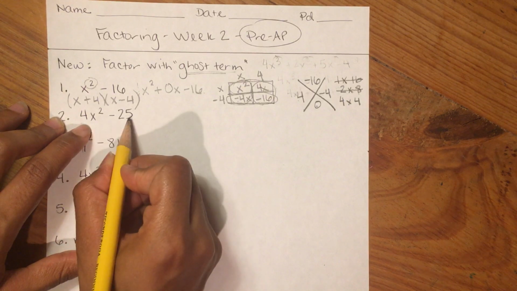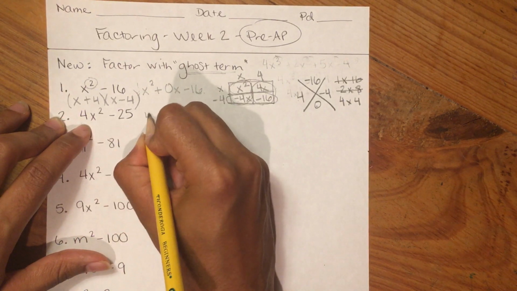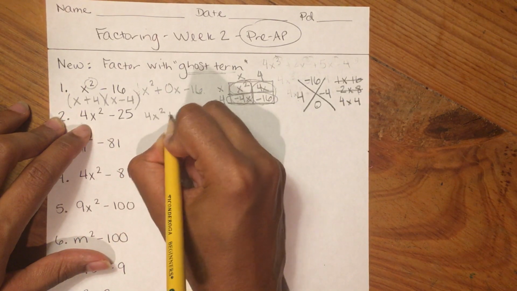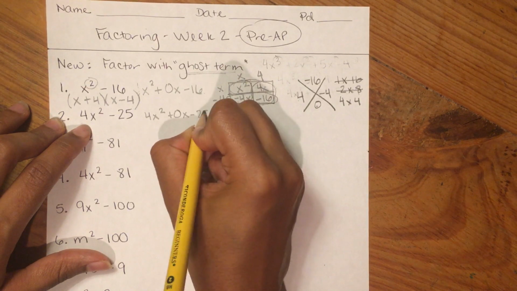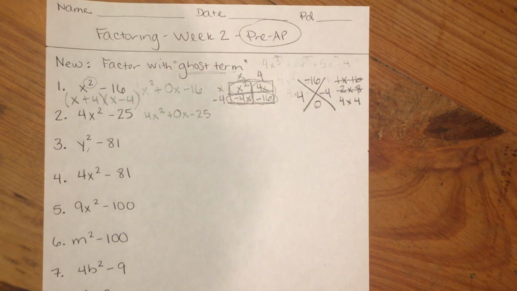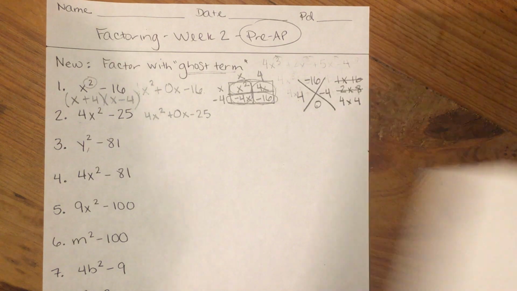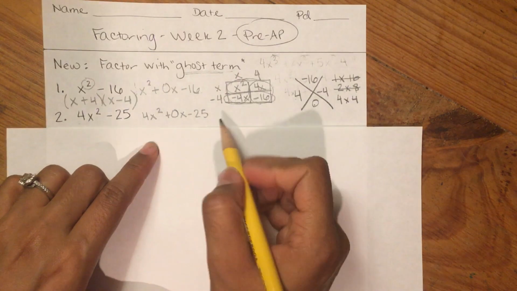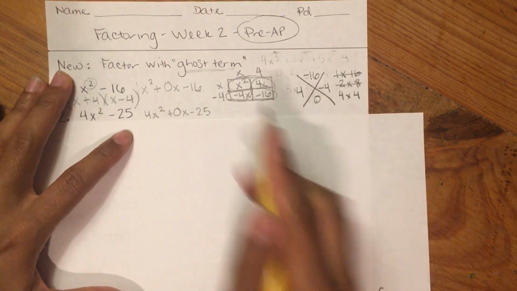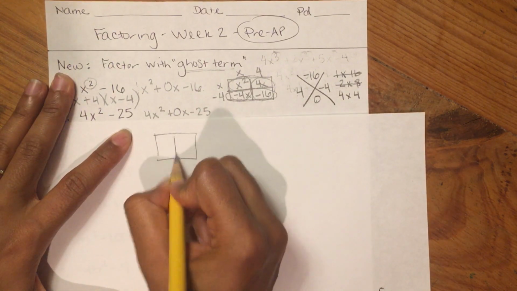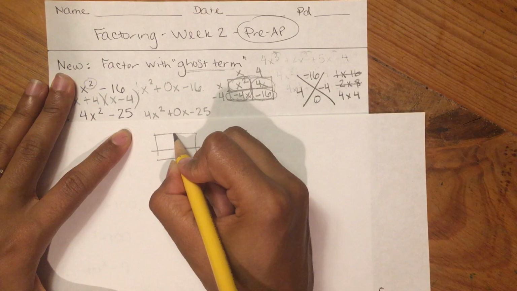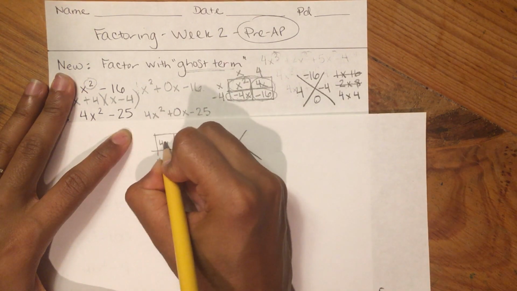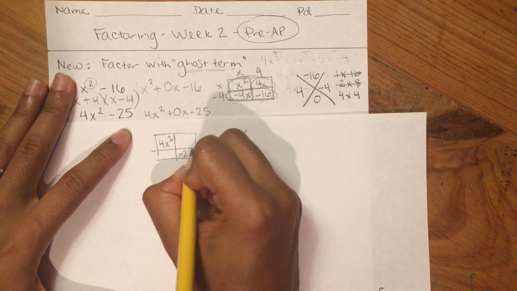Do I have a ghost term? Yes, I do. Let's rewrite. 4x squared plus 0x minus 25. Okay, now, this is getting a little messy, so let me create some room here. Okay, here we are. Now let's do our Xbox. First term in the first box, last term in the last box.